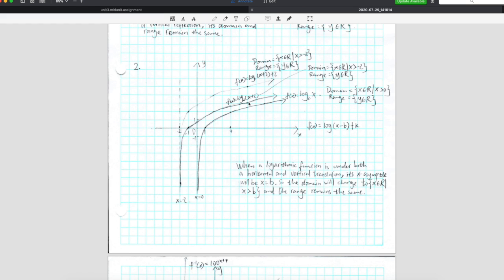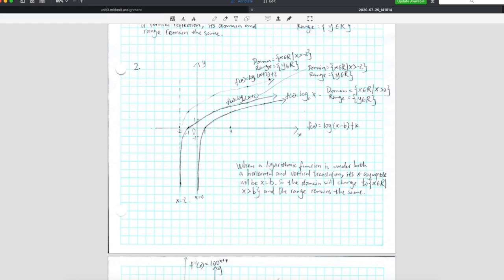So when we bring it up by 2 units, which is the vertical translation, here in the third graph, the function is log base 2 of (x plus 2), then plus 2.